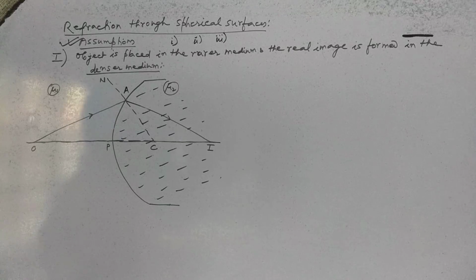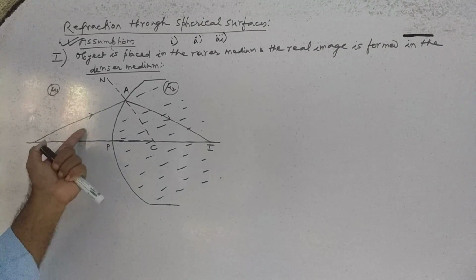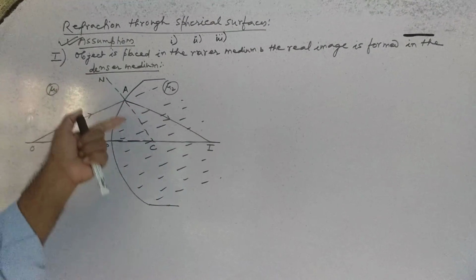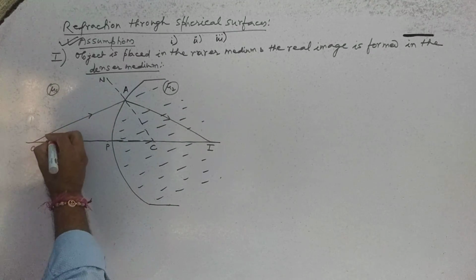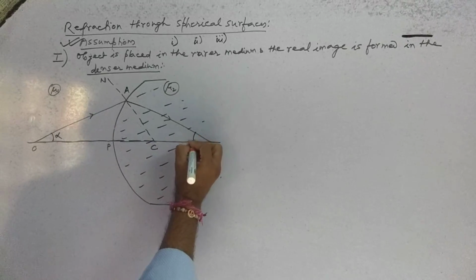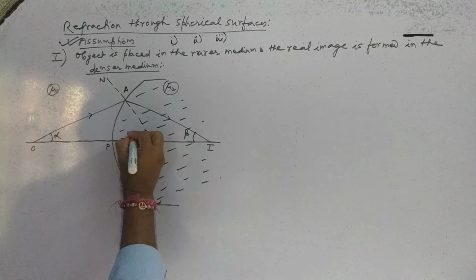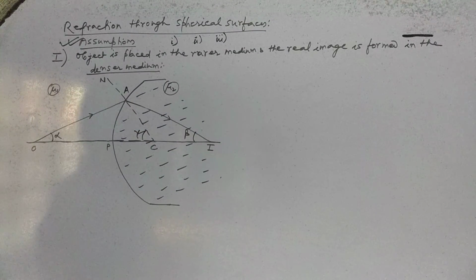I repeat, angles made by the incident ray, refracted ray and the normal with the principal axis are very small. This is alpha, this is beta, this is gamma. These are the 3 assumptions. These are also very small.